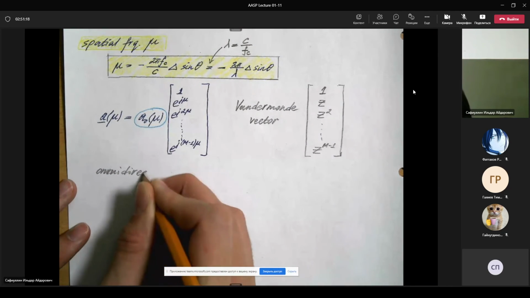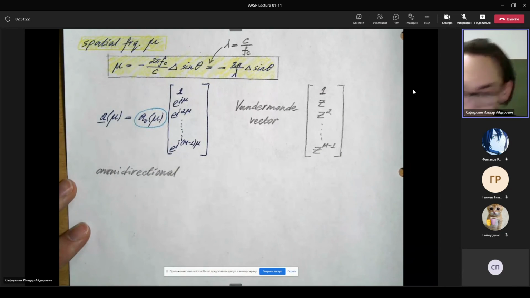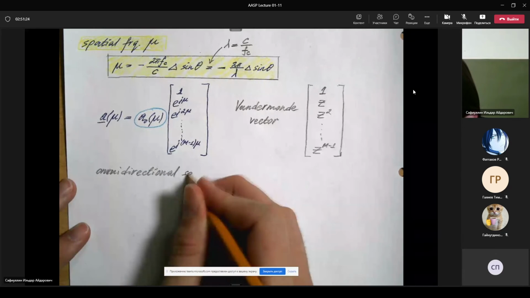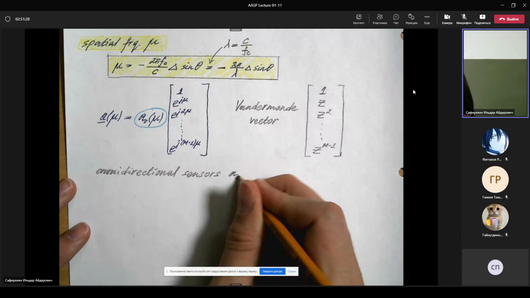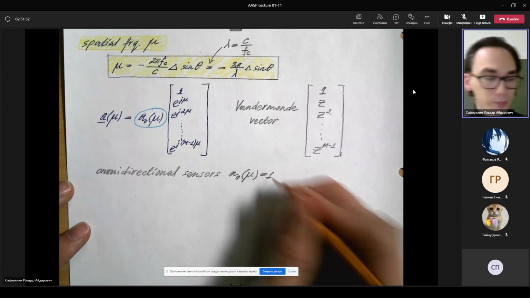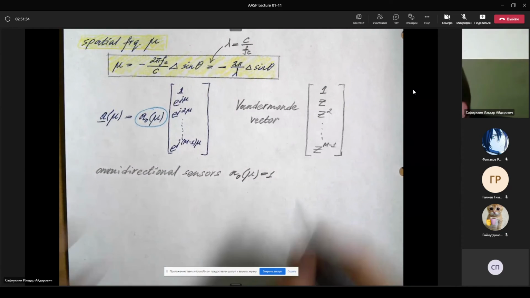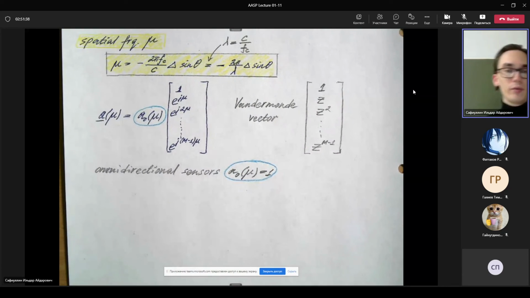In this case, a subscript 0 of mu is equal to 1. So we will have only this Vandermonde structure vector.